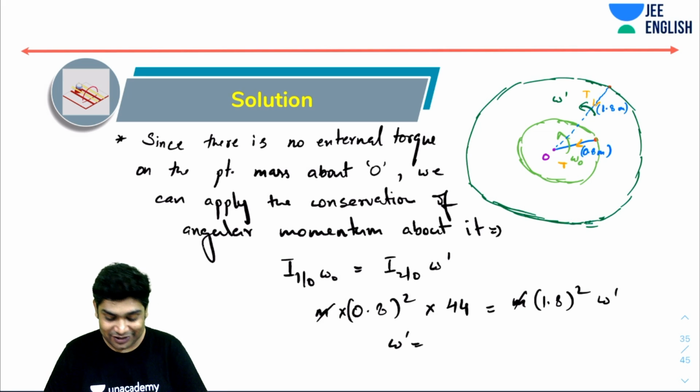So let me just use my calculator. It will be way easier with the calculator. 0.8 divided by 1.8, whole square, times 44.